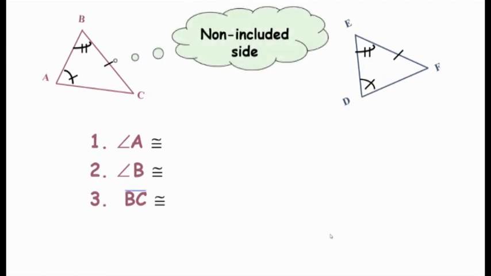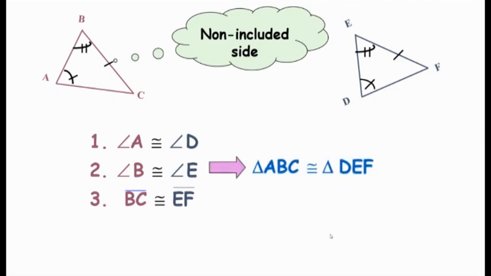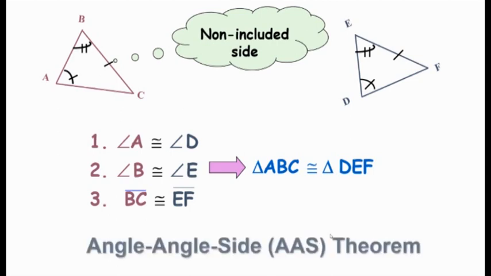Angle D. Angle B is congruent to angle E. Side BC is congruent to side EF. Therefore, triangle ABC is congruent to triangle DEF. Angle, angle, side.